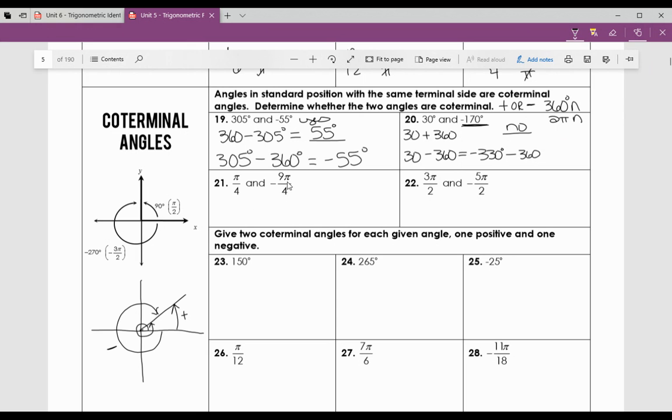Okay. Here, since we're talking about radians, this one's going to be a little bit trickier to do on our calculator. Does everybody know how to use your fraction button on your calculator? Okay. So I need to know if these two angles are coterminal with each other.